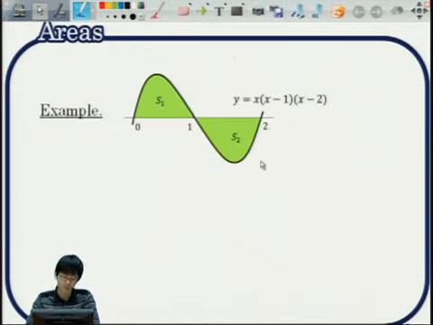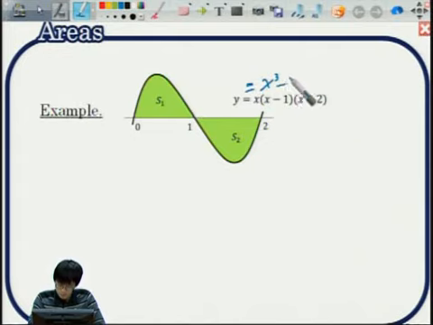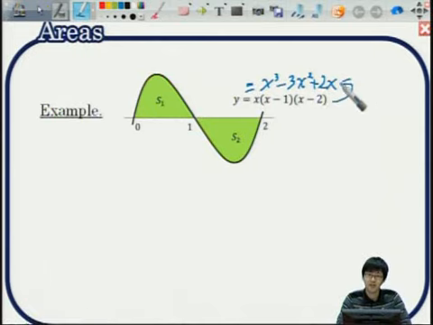So this is an example. Why don't you pause a minute and do this, and I'm going to write the result here. You all know that this comes like this, right?